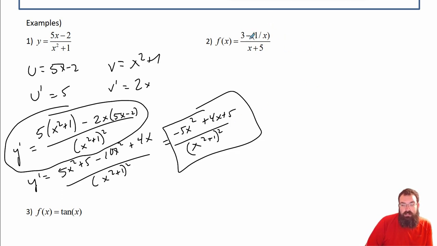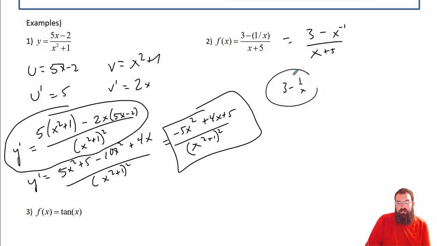Okay, let's do this one here. This is really the same as 3 minus 1 over x, all over x plus 5. So the top is 3 minus 1 over x. I'm going to change 1 over x to x to the negative 1, so 3 minus x to the negative 1, over x plus 5. You didn't really have to. If you wanted to convert it, this is the same as 3x minus 1 over x, over x plus 5.